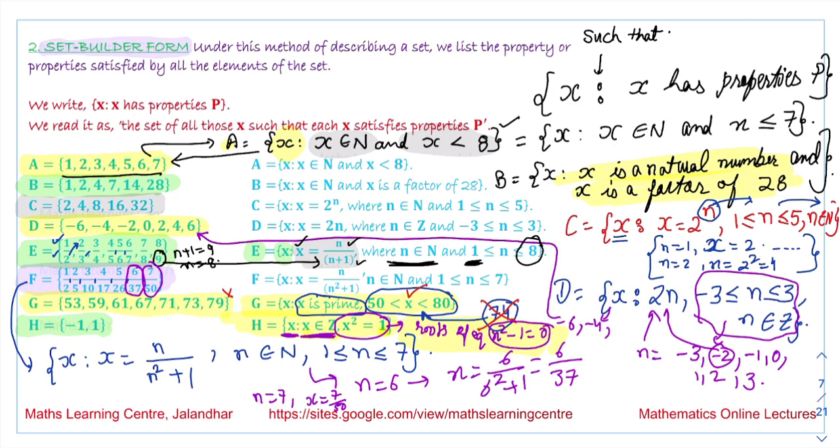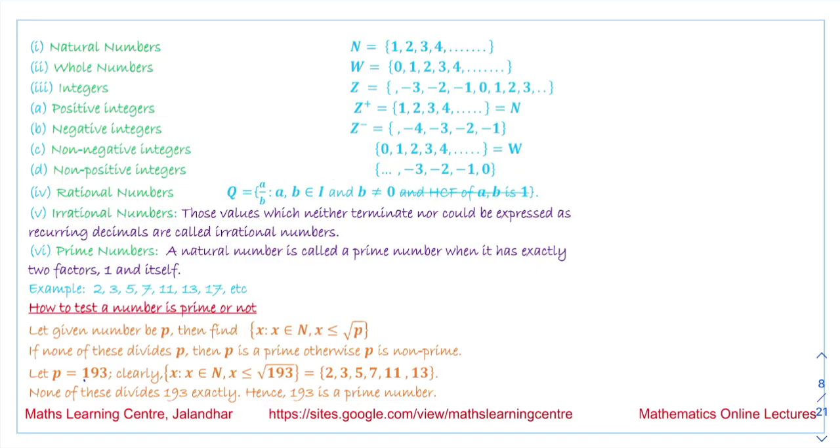Now next we have listed some sets related to the number systems. First we have the natural numbers. We already know that these are the numbers used for counting purposes, and we have listed them over here. The set is represented with capital N. These are the standard notations.